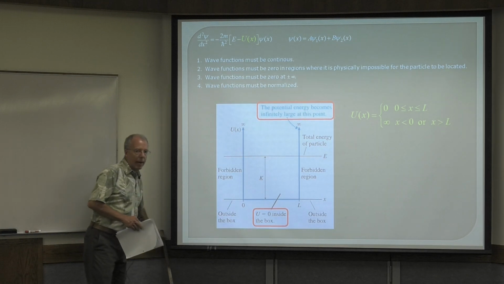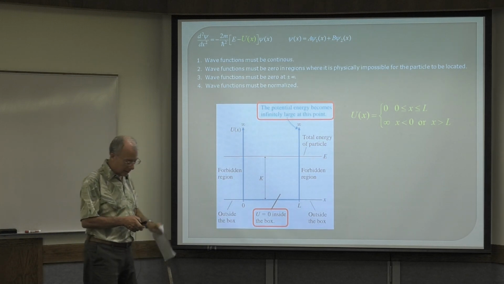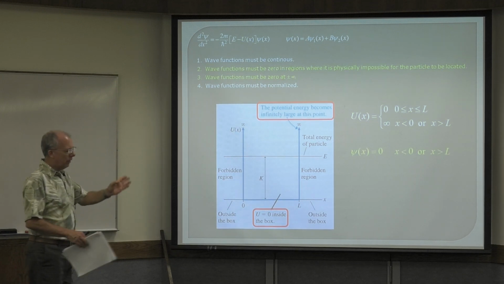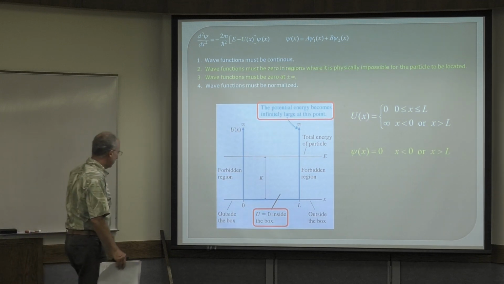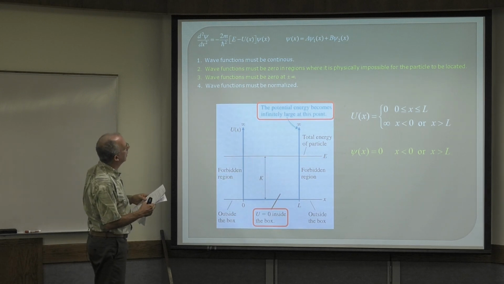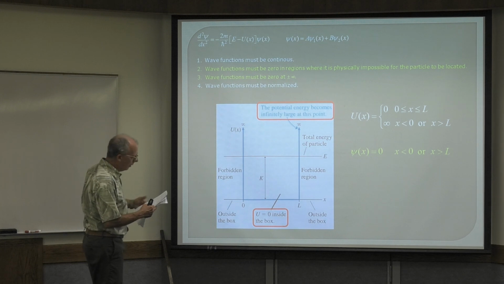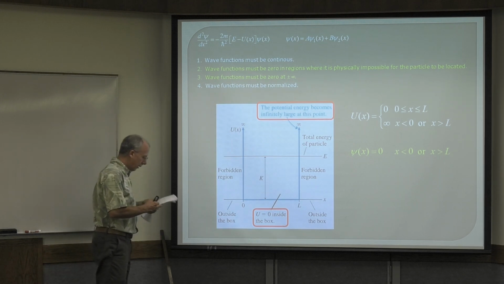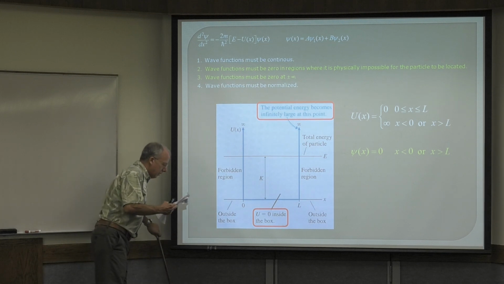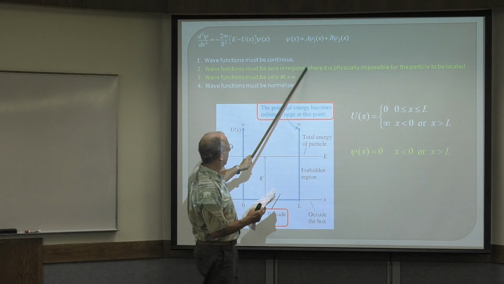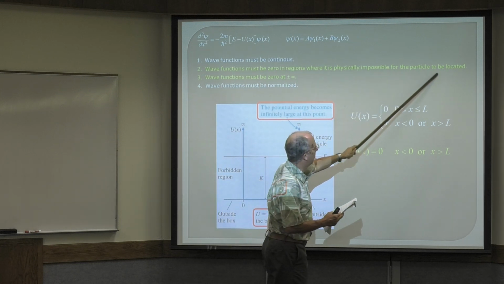Now we have to go through the boundary conditions, and this is where it gets mathematical. I'm going to do them in a different order. You'll see why. So wave functions have to be 0 in regions where it's physically impossible for the particle to be located.